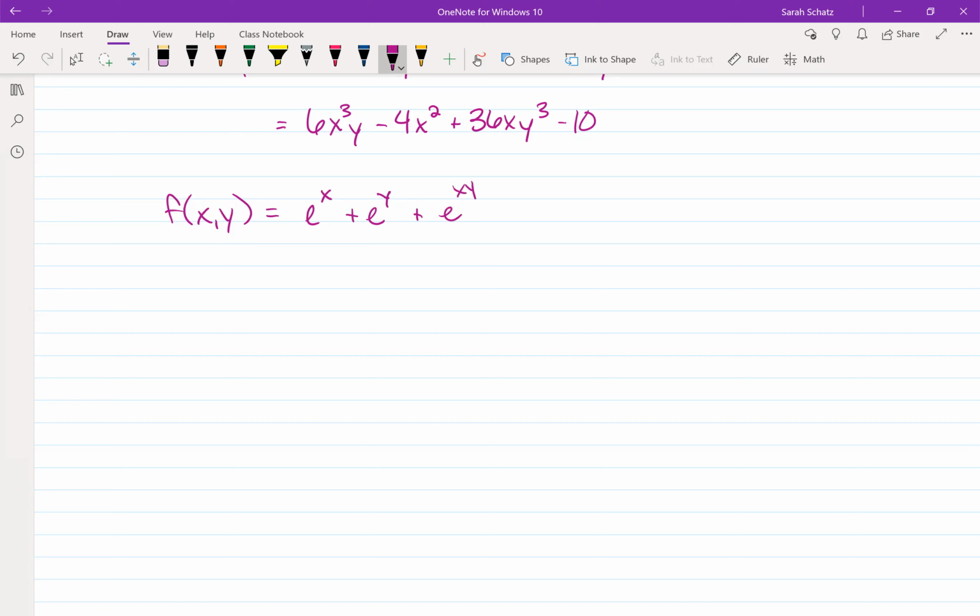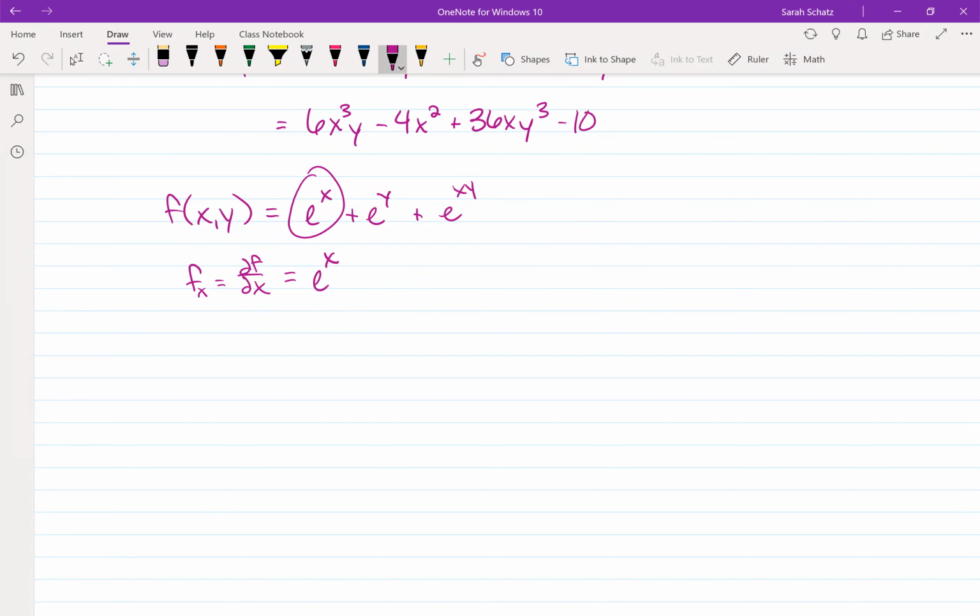Let's do this in the most basic way first. I know the exponential rules are a bit different. So if I want f sub x, or the partial of f with respect to x, well, e to the x with respect to x, you take the derivative, don't you just get e to the x? So that's easy.